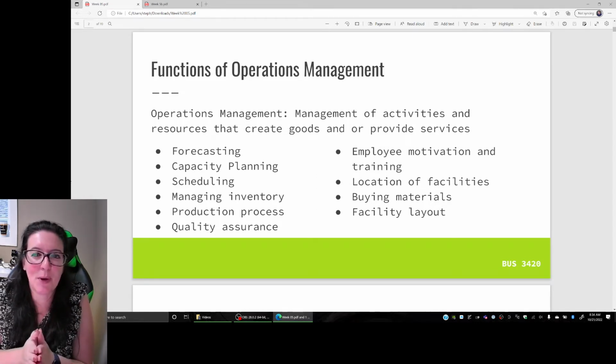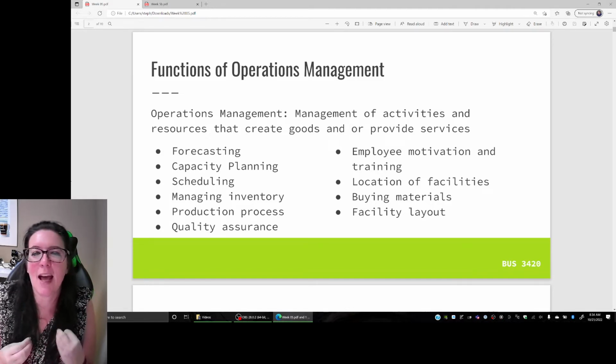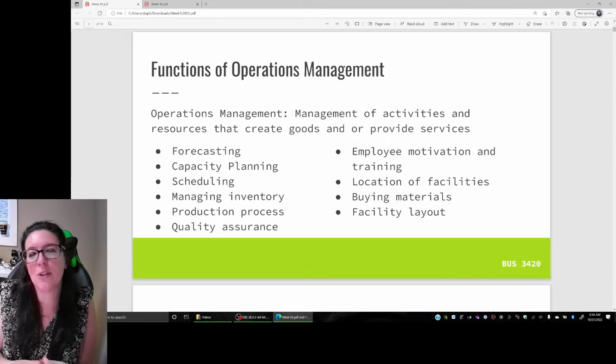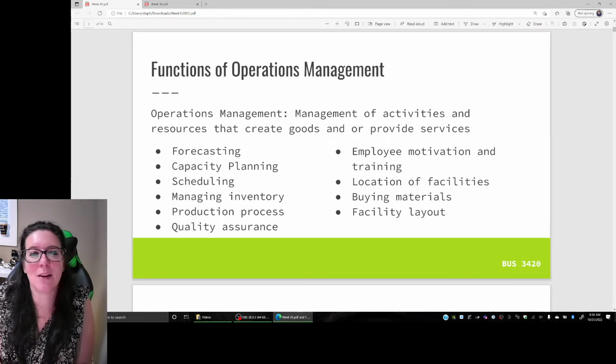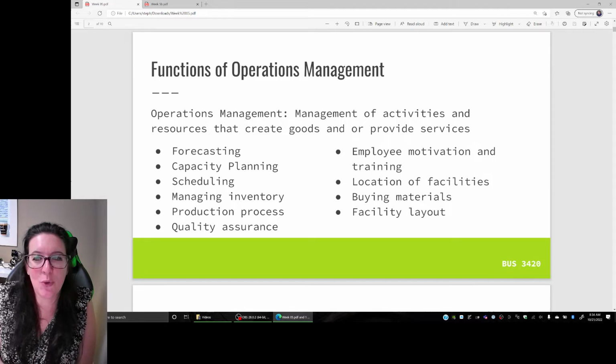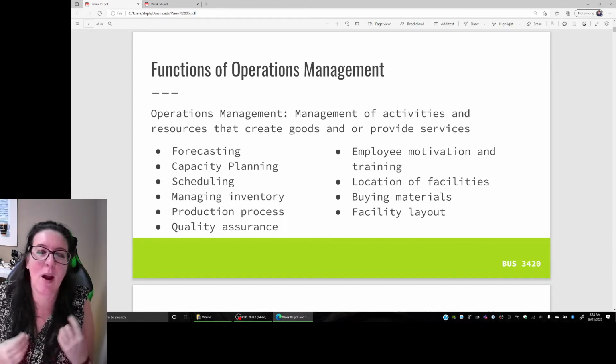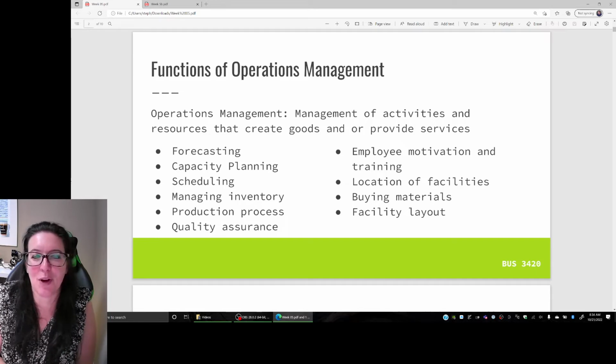We need to make sure we have the necessary employees in place, motivated, trained, and scheduled to work. We also need the materials for production, so we look at how we buy materials, our supply chain, and how we manage inventory.